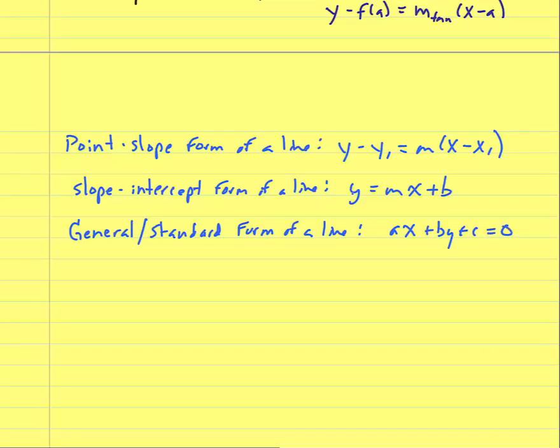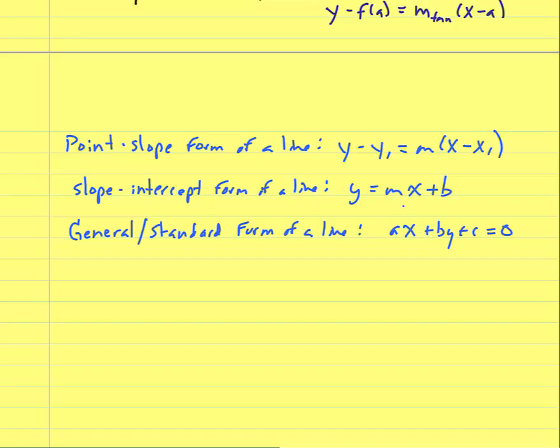That's basically taking this equation and moving everything to the left and setting it equal to 0. So usually with the a, the b, and the constant, we like to have this alphabetical, and we usually don't like fractions, so we would multiply through to clear any fractions. So these are the three types of equations of lines. We usually start with point slope and move across some of these, but if you ask for something in general or standard form, I want you to be aware of what that is as well.